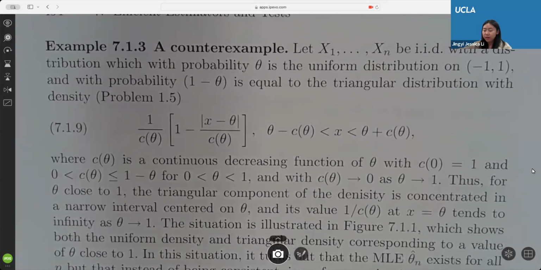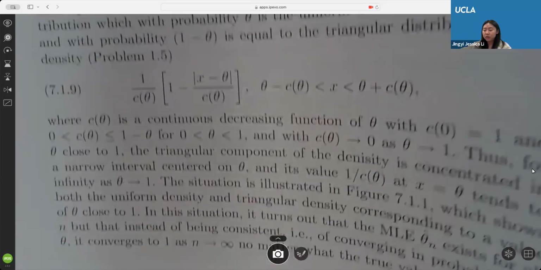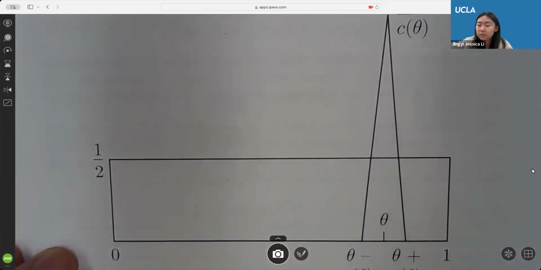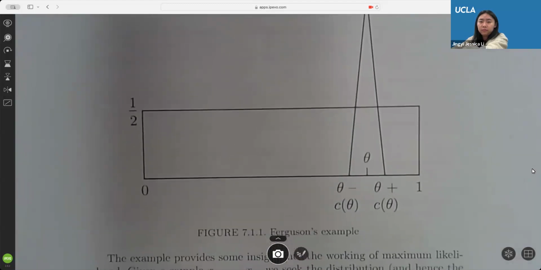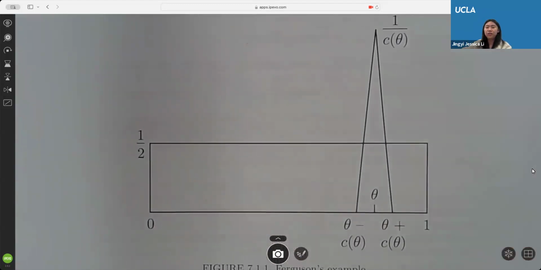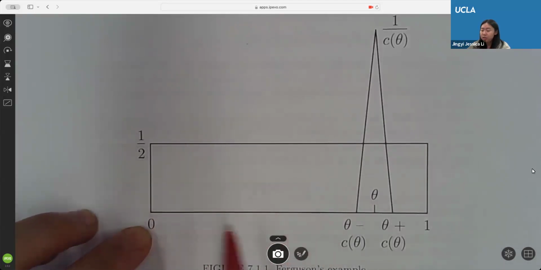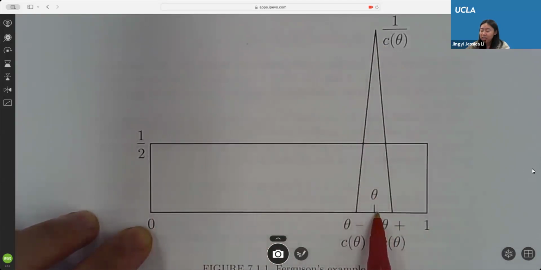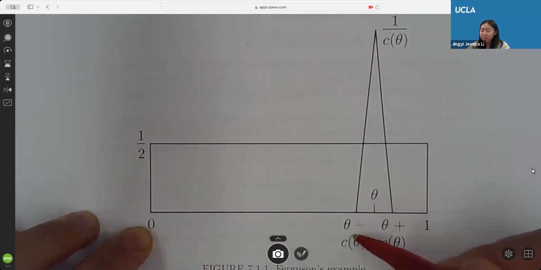Without too much complication in reading the notation, let's just look at a figure. He constructed this mixture example: a uniform density between 0 and 1, and a triangle density on the interval from theta minus c theta to theta plus c theta.